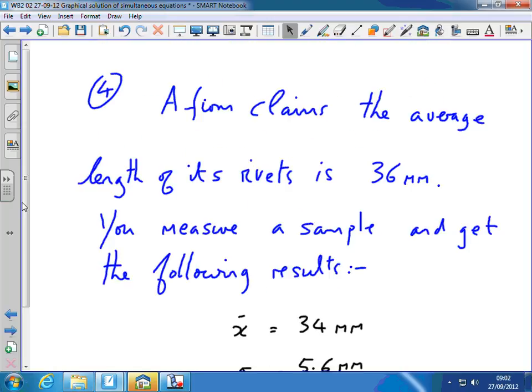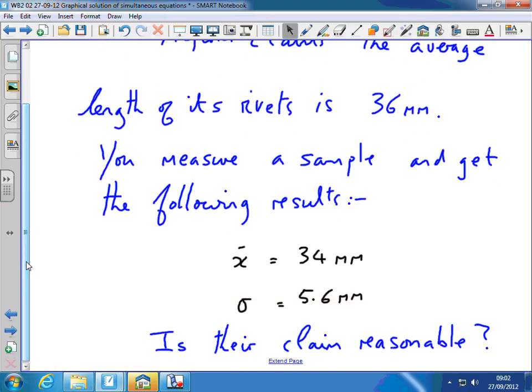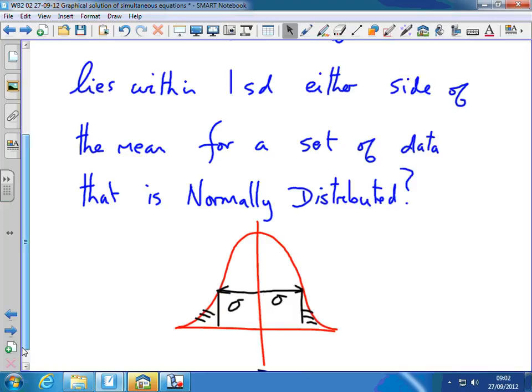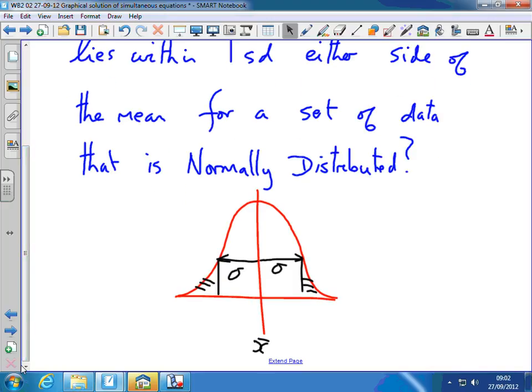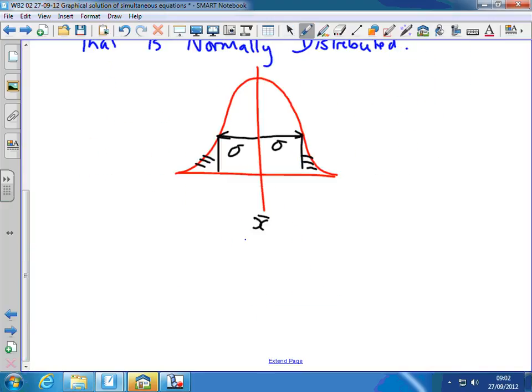Next, in the light of that, if you do a study, the mean is 34 and the standard deviation is 5.6. So if we go back to this other question and look at this diagram, the mean is 34 and the standard deviation is 5.6.